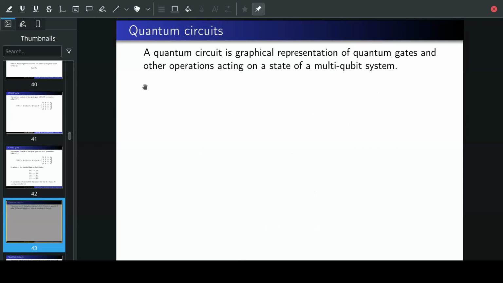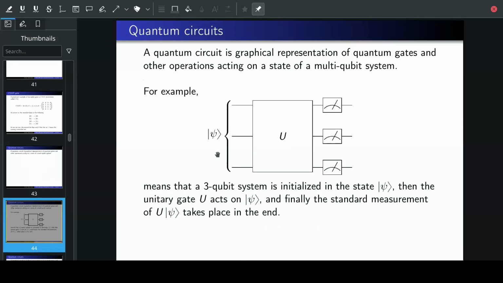Now, a quantum circuit is a graphical representation of quantum gates and other operations that act on a state of a multi-qubit system. For example, consider this circuit. What we have here is that there are 3 lines indicated that we have 3 qubits.